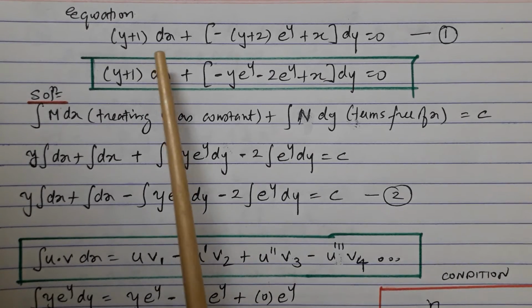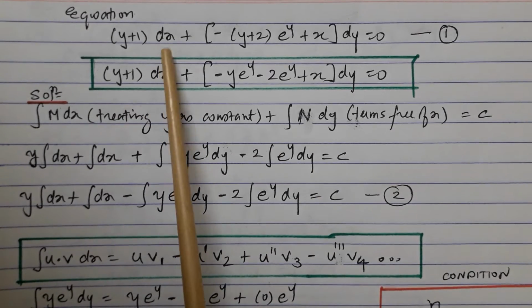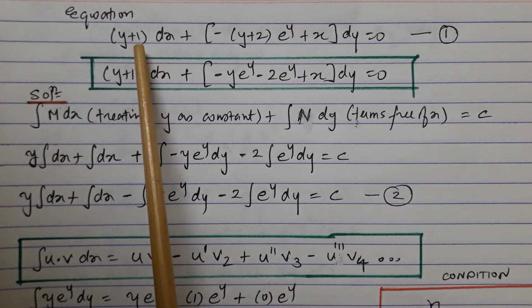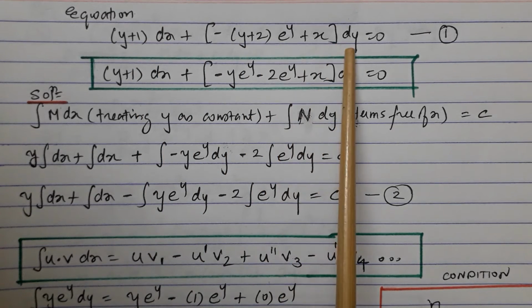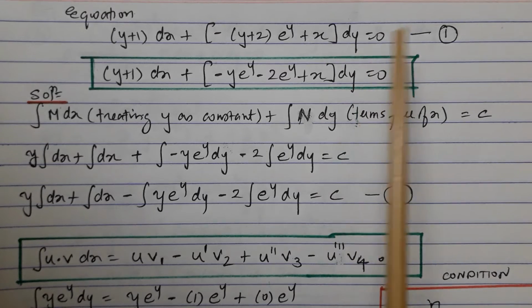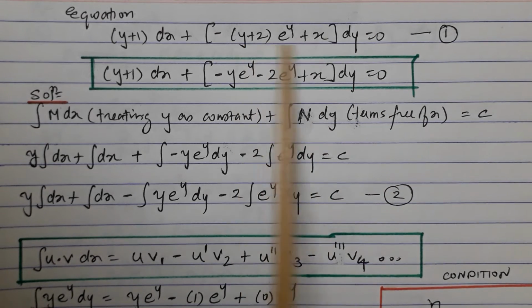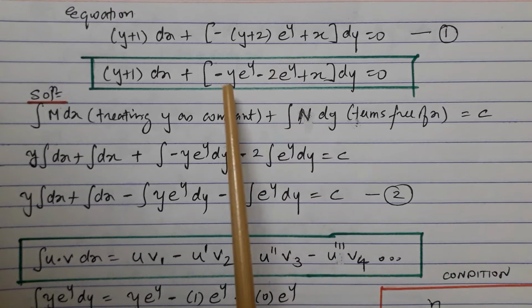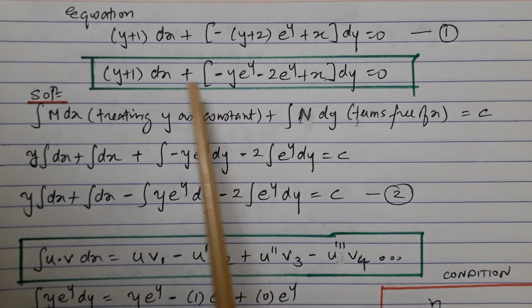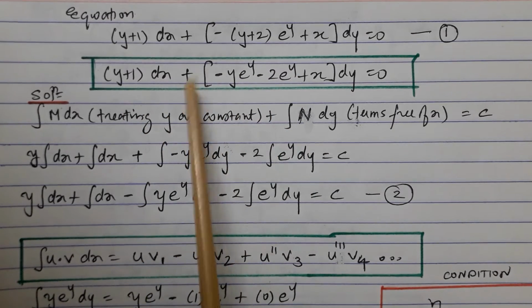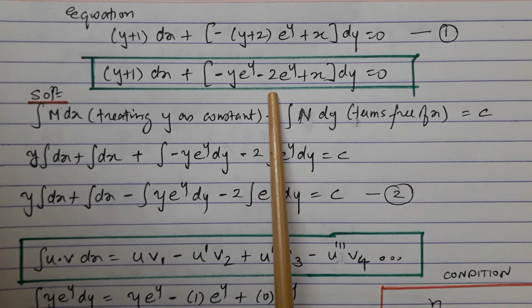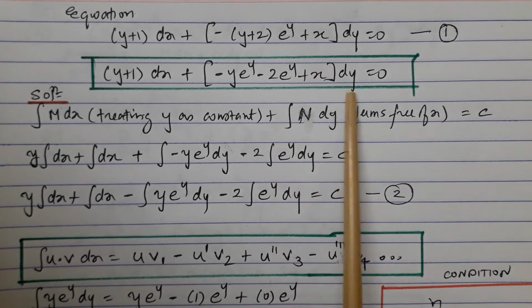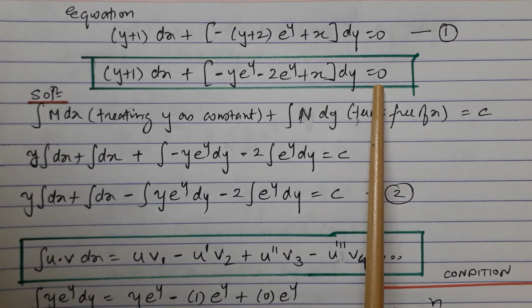Now let us find the solution to this exact differential equation. The given equation is (y plus 1) dx plus minus (y plus 2) e raised to y plus x dy is equal to 0. Let us open up this bracket inside so it becomes easy for us to integrate it. So (y plus 1) dx plus minus y e raised to y minus 2 e raised to y plus x dy is equal to 0.